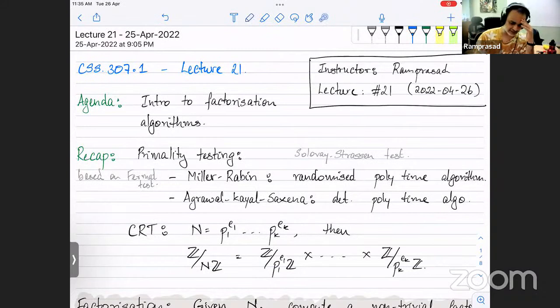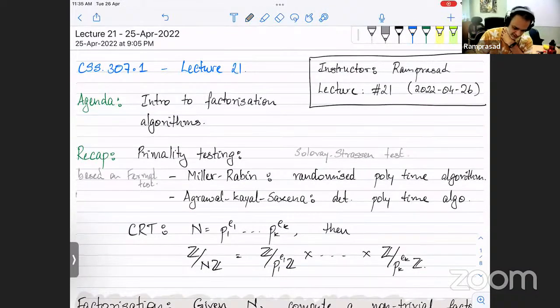But nevertheless, we saw this amazing algorithm of Agrawal, Kayal, and Saxena, which is based on the binomial expansion. You look at (x+1)^n and say that if n was a prime, then when I look at this mod n, I should only get x^n + 1.